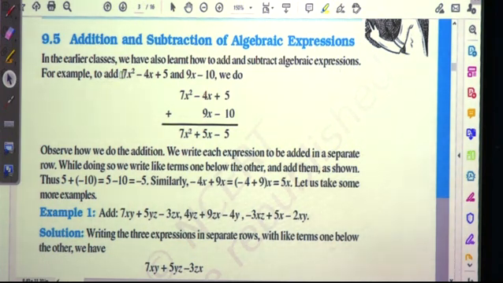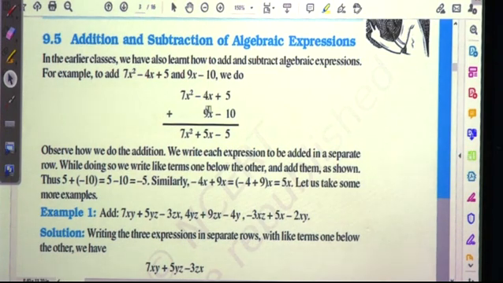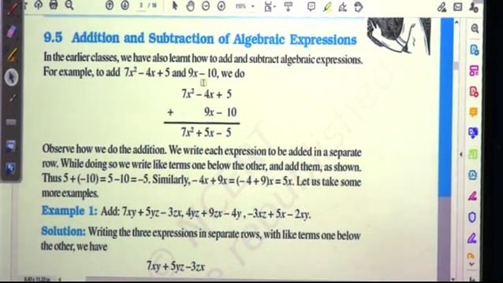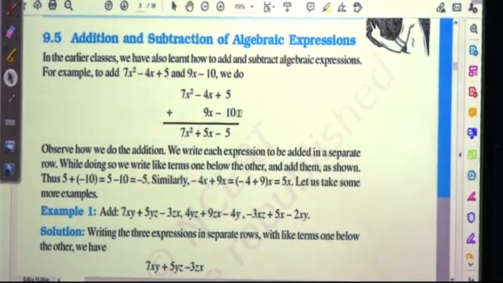For example, to add 7x square minus 4x plus 5 and 9x minus 10, what do we do? 7x square minus 4x plus 5, and below minus 4x we write 9x, and below plus 5 we write minus 10. Why? Because minus 4x and 9x are like terms, and 5 and minus 10 are like terms.